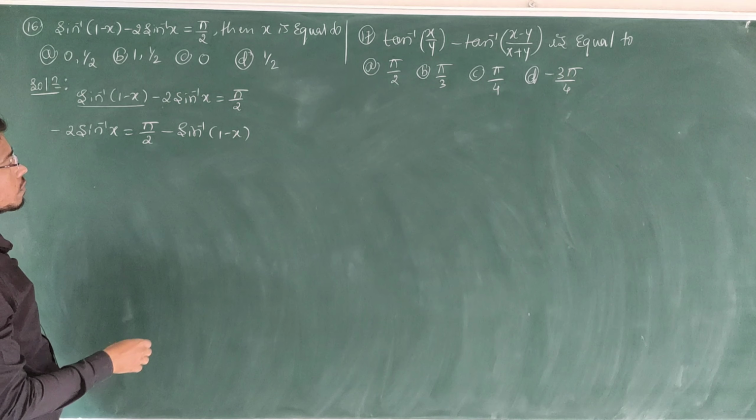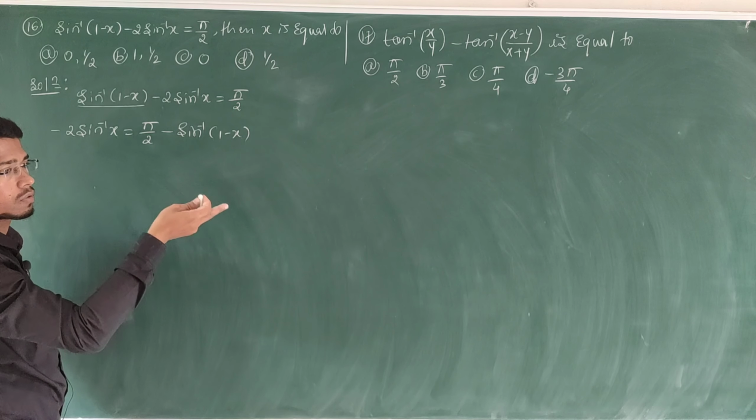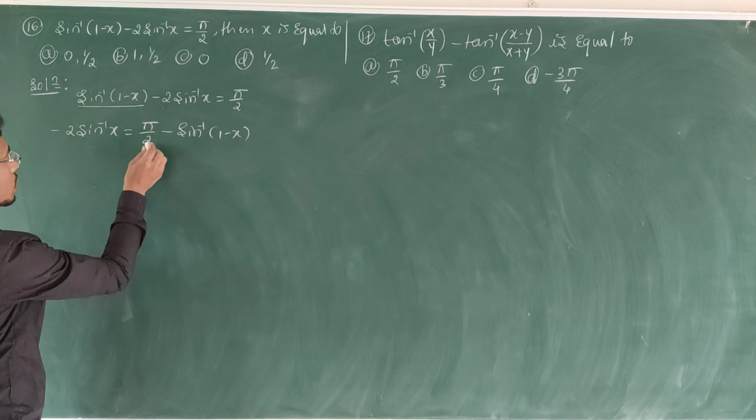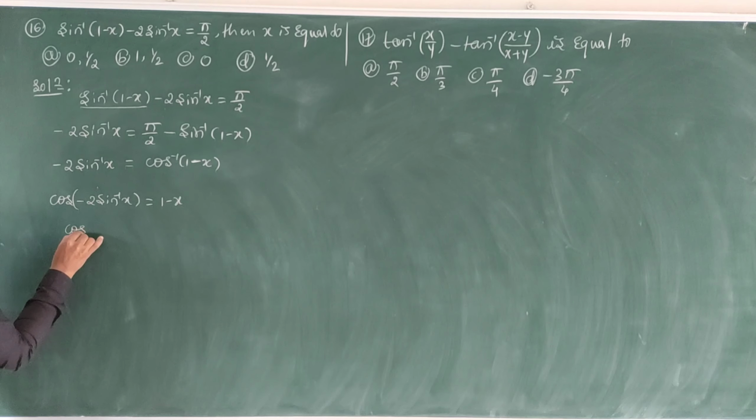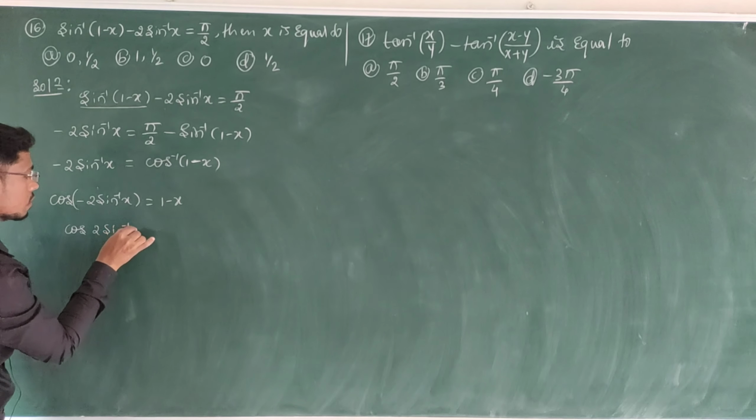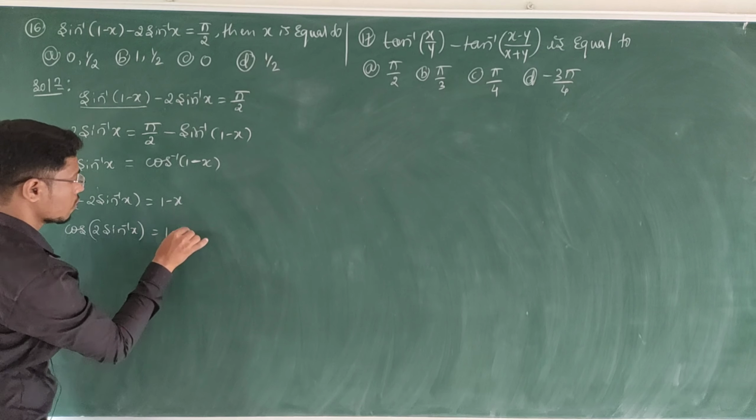We know the formula: sin inverse of x plus cos inverse of x equals pi by 2. On the basis of that, pi by 2 minus sin inverse of 1 minus x is cos inverse of 1 minus x, so we have cos inverse of 1 minus x equals minus 2 sin inverse x. Taking cos to the other side, cos of minus 2 theta is cos 2 theta, which equals 1 minus x.